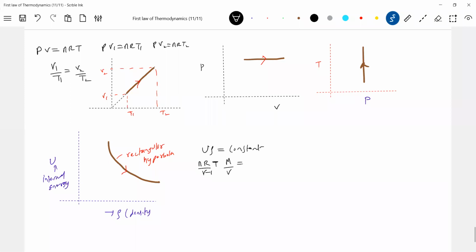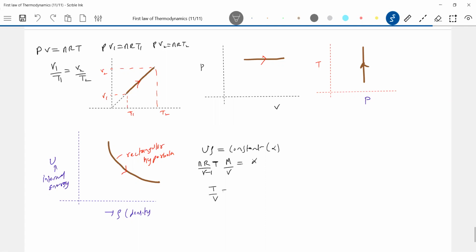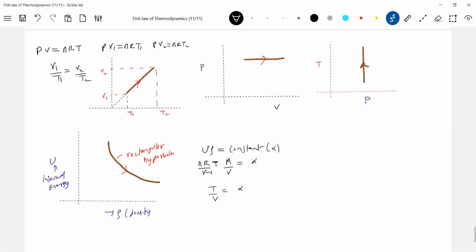So constant, let me write it as alpha. Let me write T by V is equal to alpha gamma minus 1 by nRm. Let me use the ideal gas equation, PV equal to nRT.